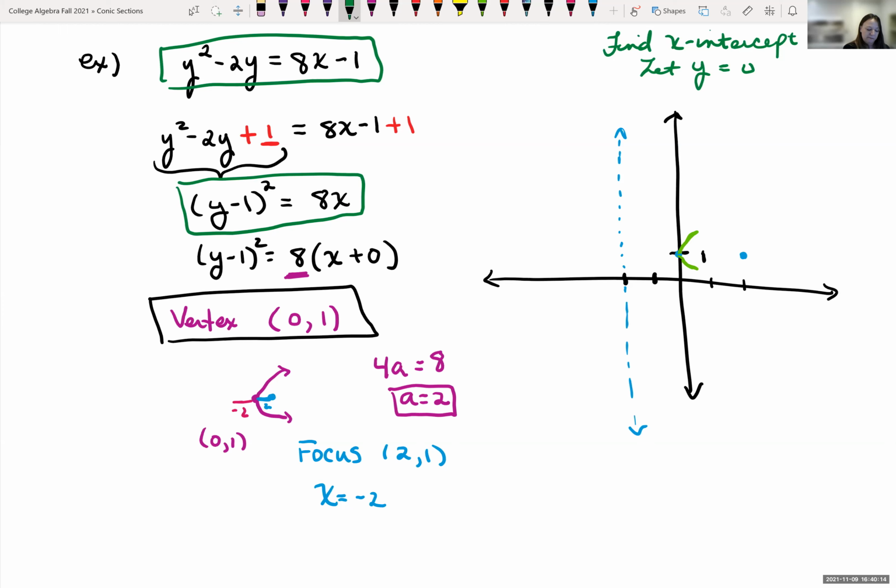So plugging in 0 for y, this would give me 0 minus 1 quantity squared. Well, negative 1 quantity squared, that is 1, equals 8 times x. So if I divide both sides by 8, I get x equals 1/8.